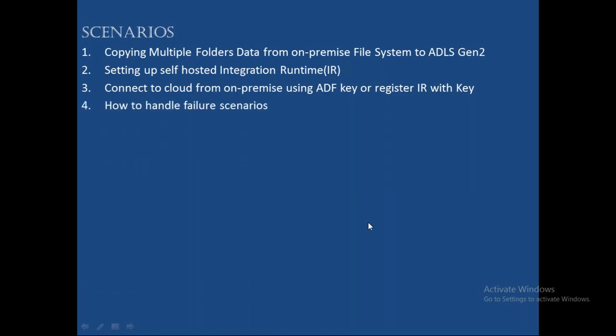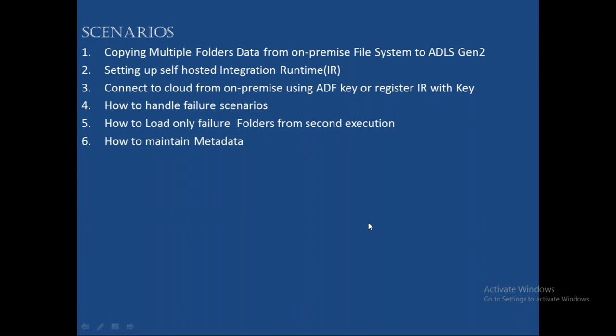You have seen yesterday, if out of 5 tables, 3 tables succeeded and 2 failed, in the next run those 2 will also run. If these 2 also succeeded, as all the 5 tables succeeded, it will reset the status back to ready. How to load only failure folders from the second execution? This I have shown you yesterday. In the same way, today we are going to see how to load only failure folders from the second execution. Next, we will see how to maintain metadata. As we mentioned, today we are going to maintain our metadata in SQL database.